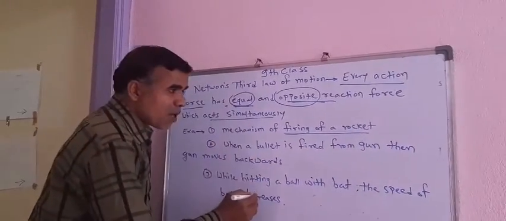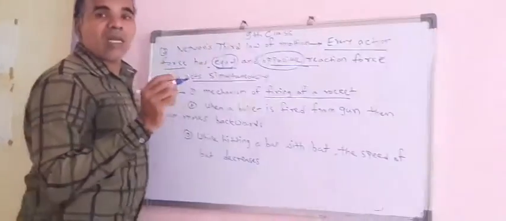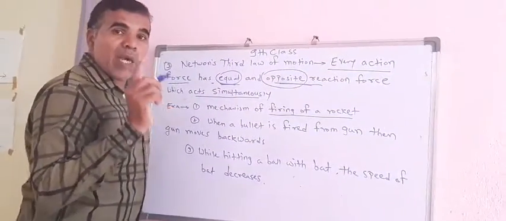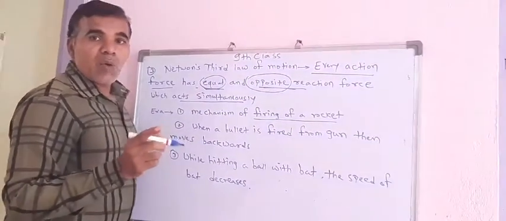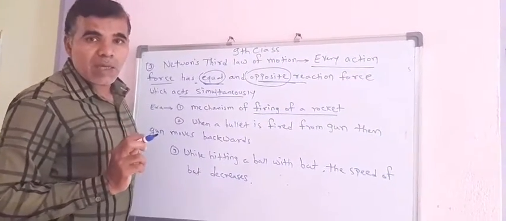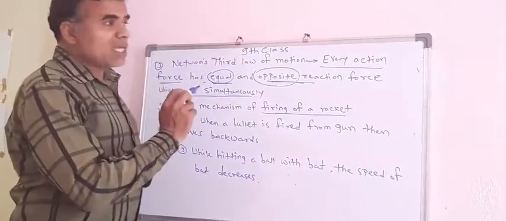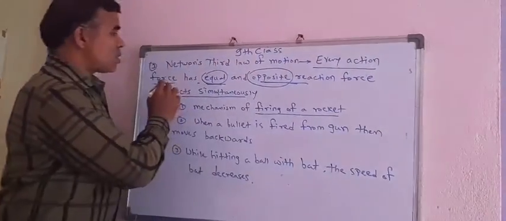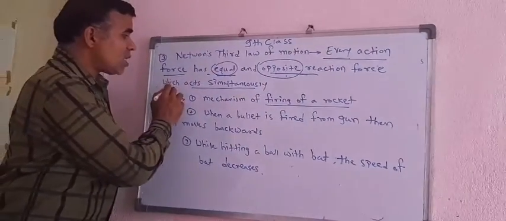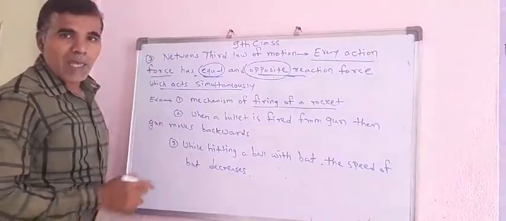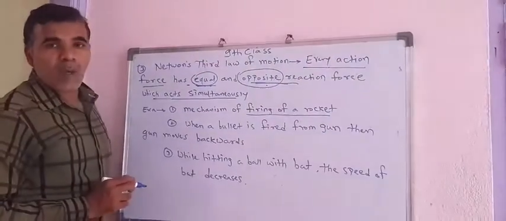In each example, action and reaction occur simultaneously. Every action has an equal and opposite reaction which acts simultaneously. So Newton's third law of motion states that every action force has an equal and opposite reaction force which acts simultaneously. Example: the mechanism of firing of a rocket.